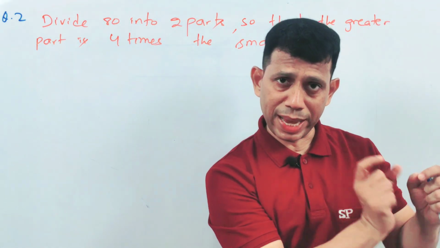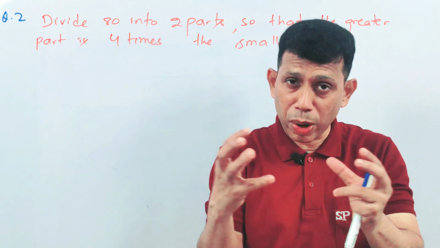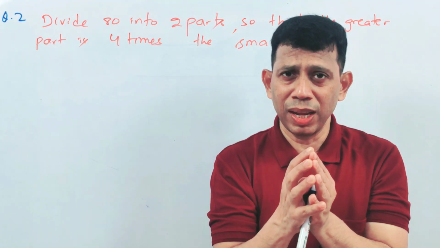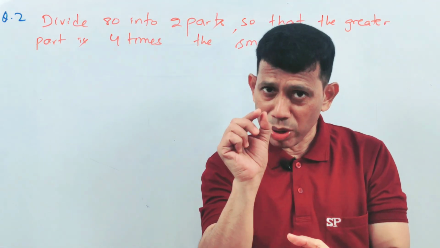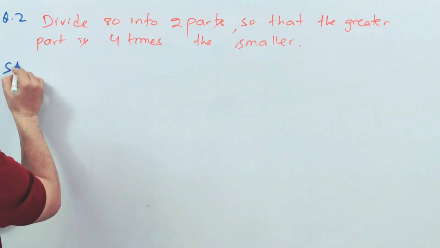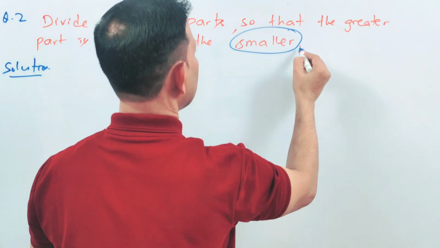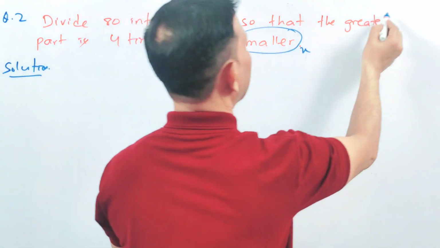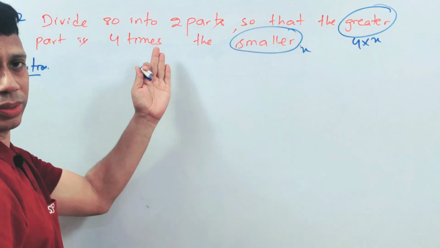So the smaller part is x and the greater part is 4x, but if you combine the smaller part x and the greater part 4x, then that is 80. Combine means what? If you add. So are you getting an idea? So let us form the equation. Let the smaller part be x, rough work, greater part 4 times the smaller part means 4 into x. If you add that, then it will be 80.